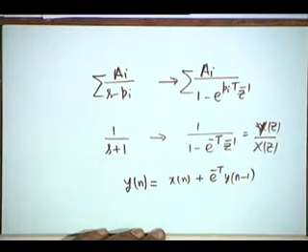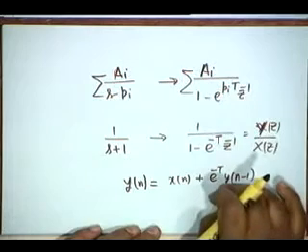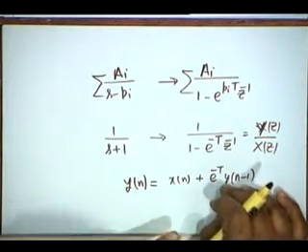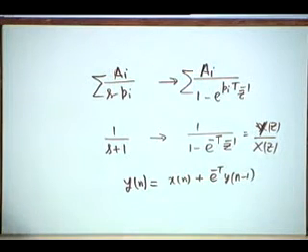This is the first order filter, a first order digital filter derived from a first order analog filter. There is no order change. First order goes to first order, okay, because the transformation is a linear transformation. Similarly, in bilinear also there is no order change, as you shall see.